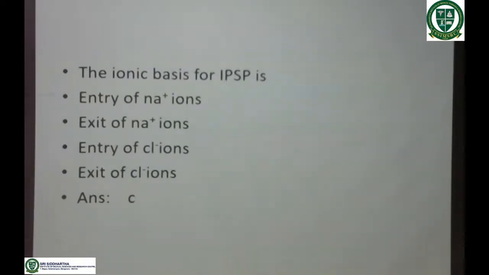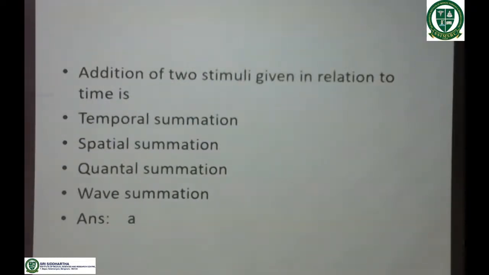The ionic basis of IPSP is entry of a sodium ion, exit of a sodium ion, entry of a chloride ion, exit of a chloride ion. The answer is C, the entry of a chloride ion is the basis for the IPSP.